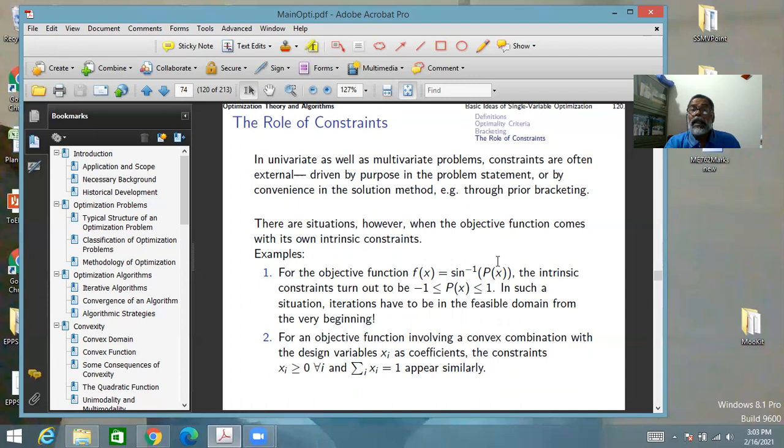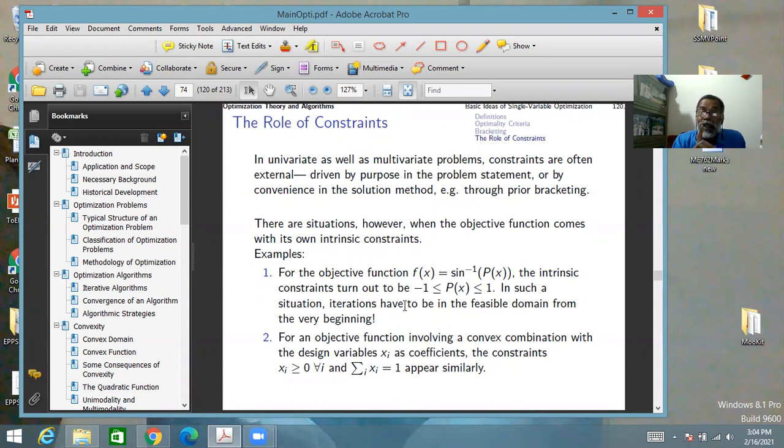Then this will make sense in real variables only if this thing p of x inside the parenthesis happens to be in -1 to +1. Otherwise, sine inverse will not be defined. So the objective function cannot be defined. Forget about the point being feasible or infeasible. So some constraints come in a package deal with the objective function itself.